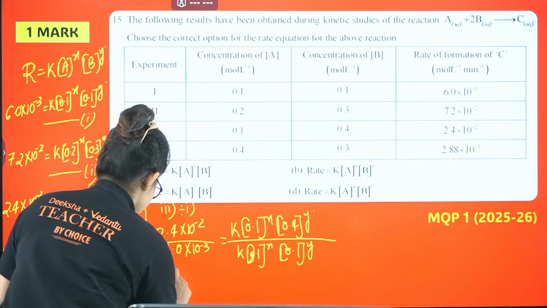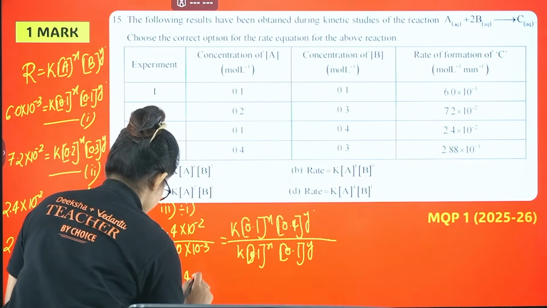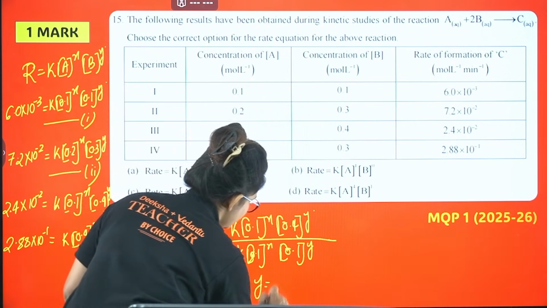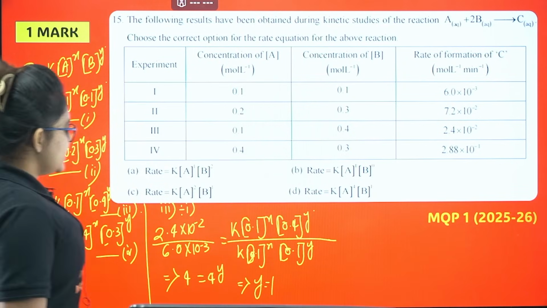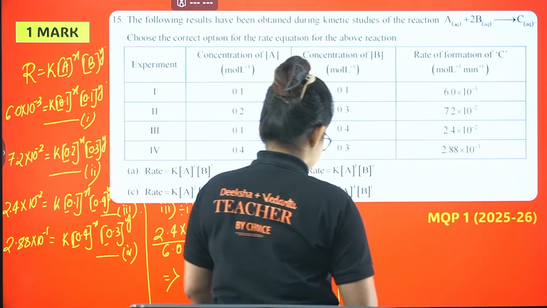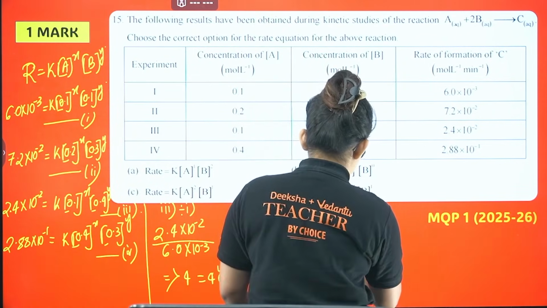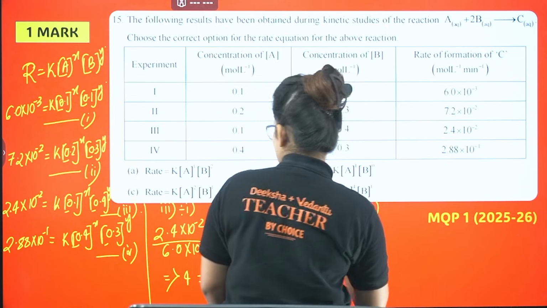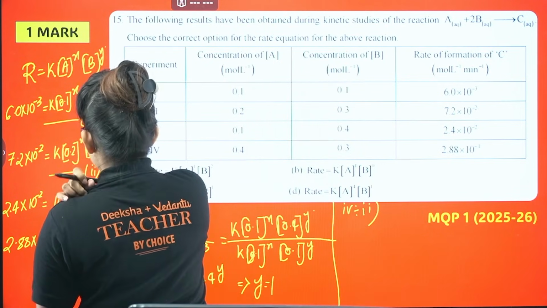If you calculate this further, it will come up to be 4 equals 4 power y. From here you can write y equals 1. Now what I can do is I can do 4 divided by 2.